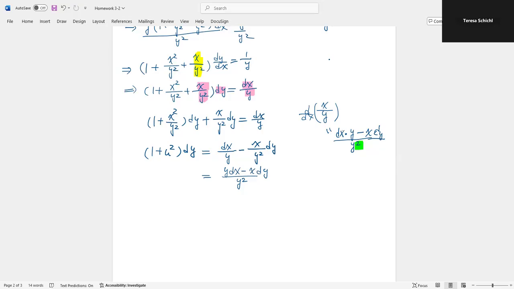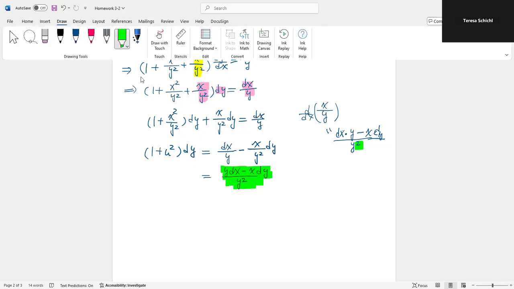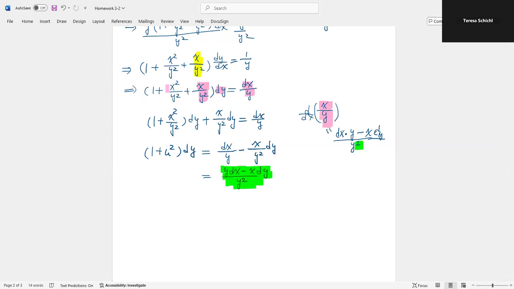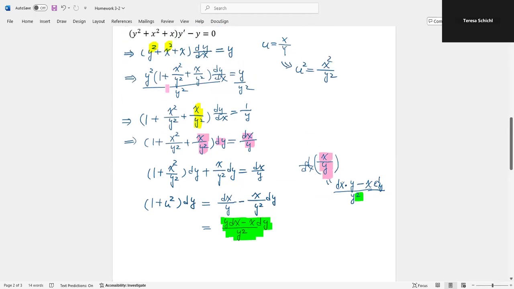So did you see here? So I know this one, so this is a breakthrough. I finally see that this is really the derivative of x over y. And I assigned x over y equal to u here.